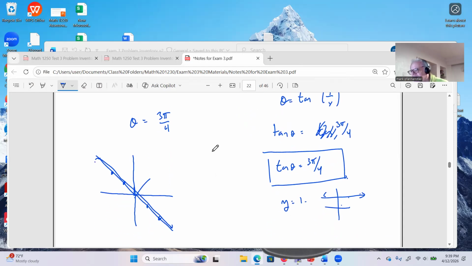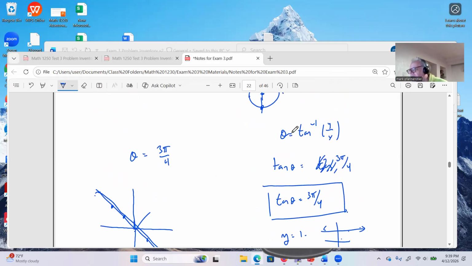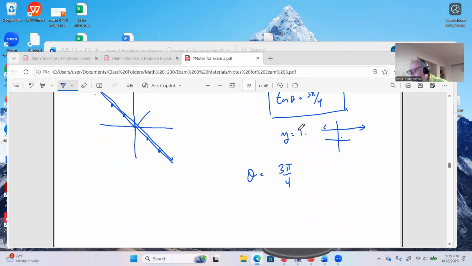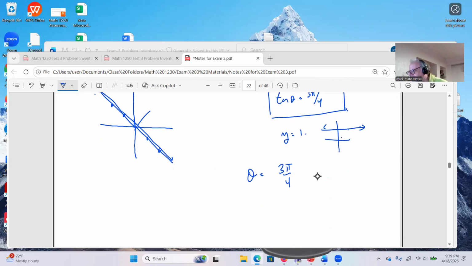So let's go back and think about this. We have theta is equal to 3 pi over 4. I know that theta is equal to the inverse tangent of y over x.